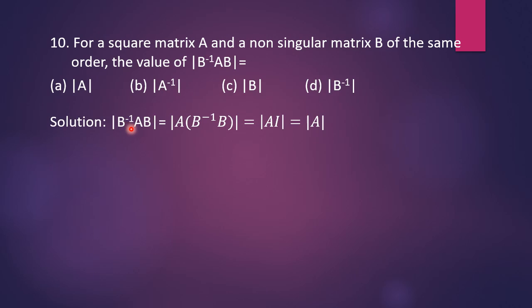Determinant of B inverse AB, by using the properties of matrix multiplication. So associative property, the product exists here. B inverse AB, the product exists because both the matrix A and matrix B are of the same order. If A is a 3 by 3 matrix, then B is also a 3 by 3 matrix. So this should be a square matrix.